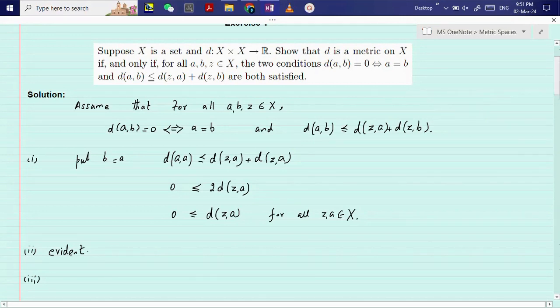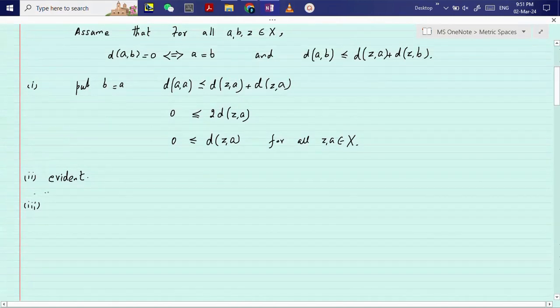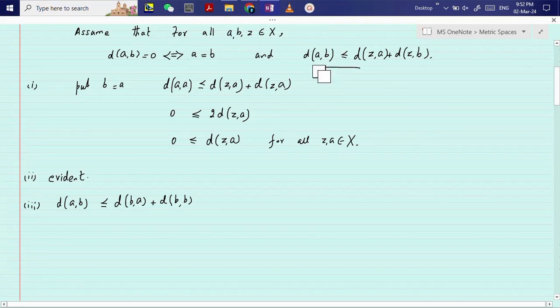By using this inequality, we can write D of AB is less than or equal to D of BA plus D of BB, where we put Z equal to B on the right hand side.